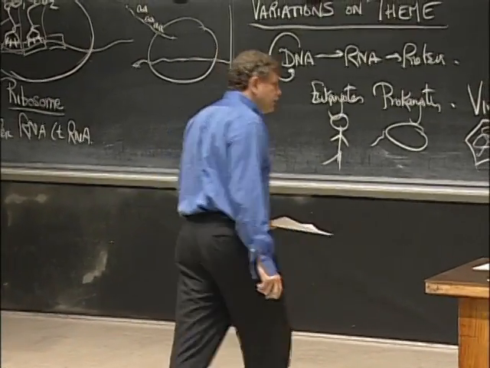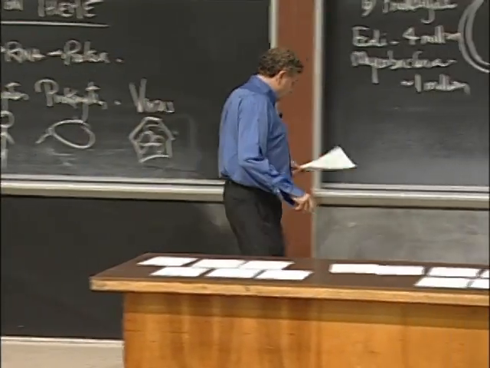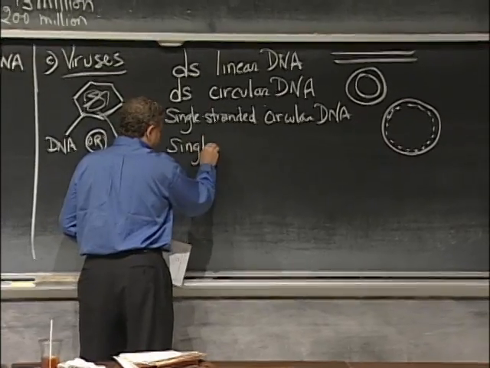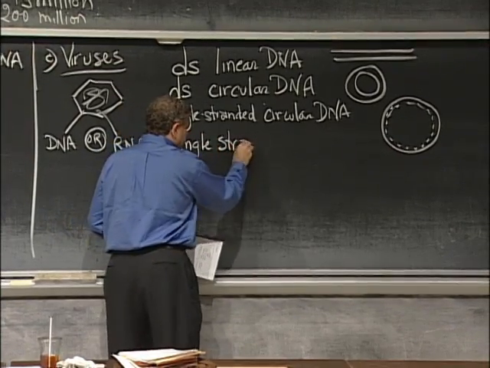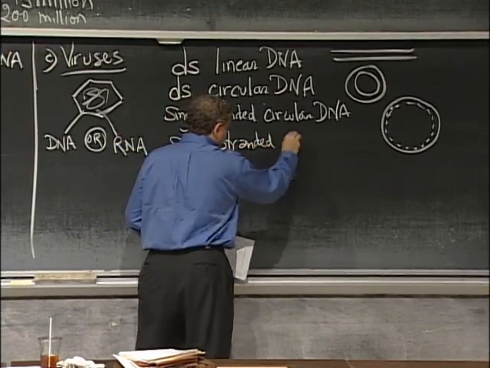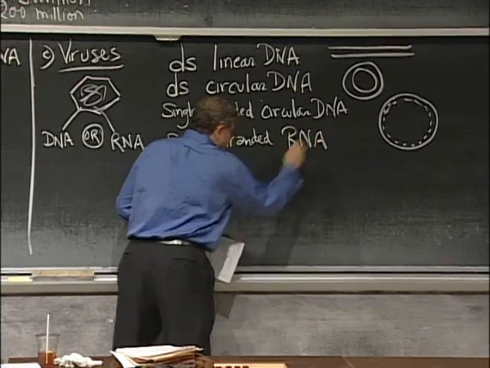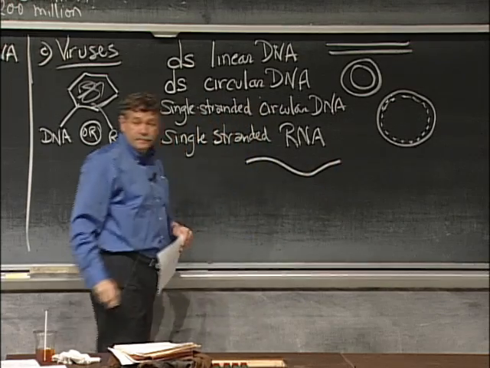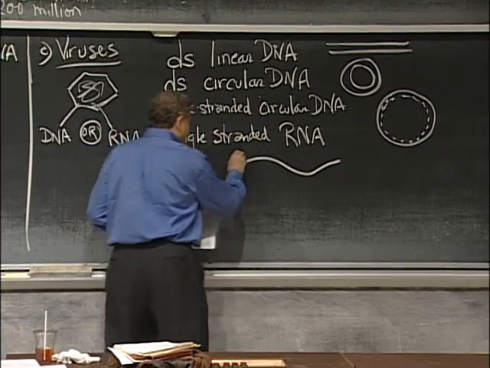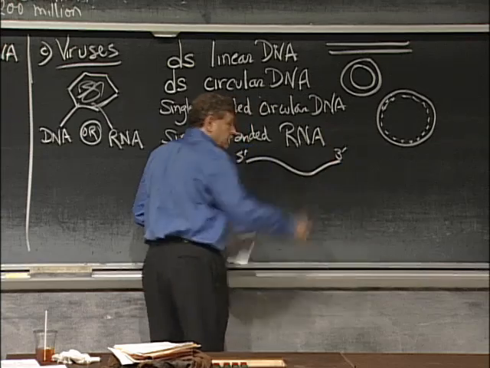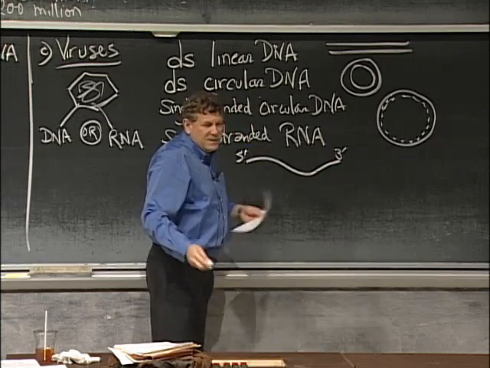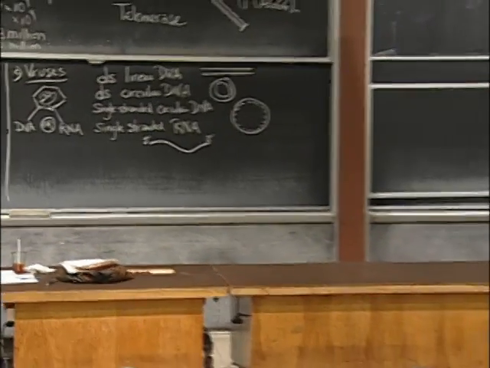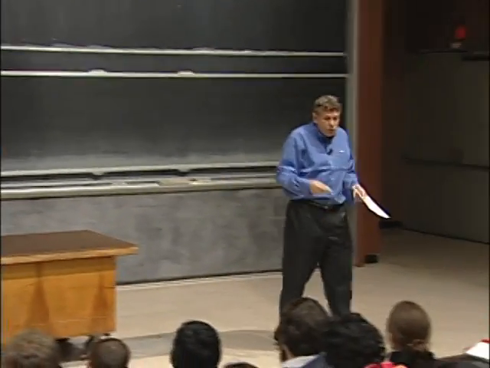Some viruses decided to bring along single-stranded RNA. So when the virus attaches to the cell, it injects an RNA. The RNA is in the cell. But how's the virus going to do anything? How's it going to replicate itself?